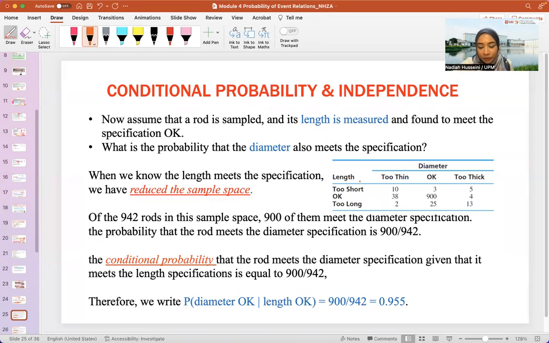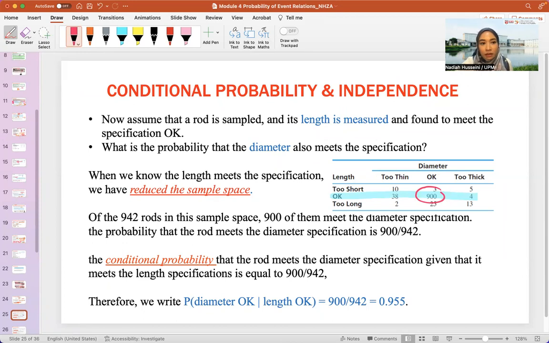It could be any of these rods, whether too thin or too thick. Now I'm asking you, what is the probability that it has an okay diameter as well?